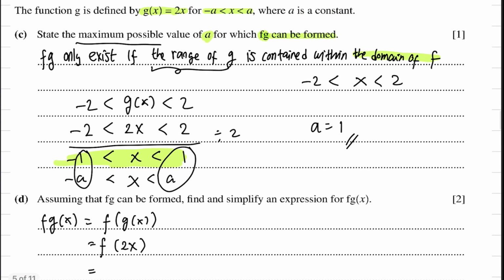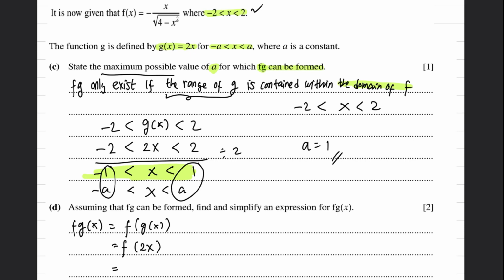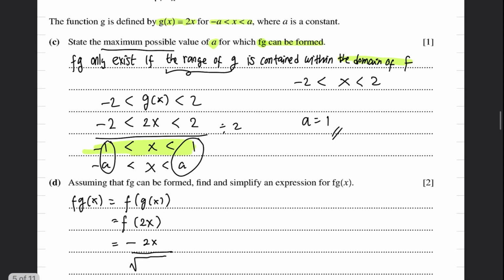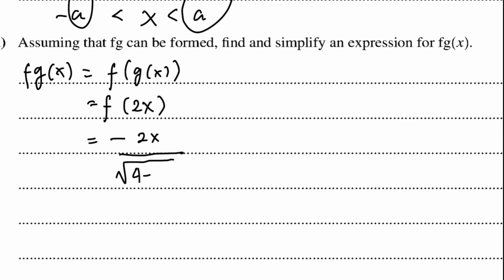We substitute g(x) into our f(x), so we replace our x with 2x. You will get minus 2x over square root of 4 minus x squared, so we replace x with 2x. And then you will get minus 2x over square root of 4 minus 4x squared.